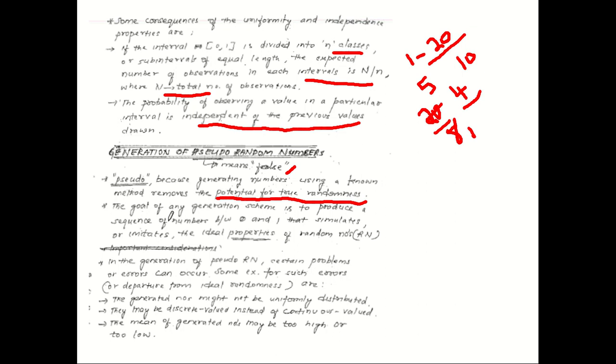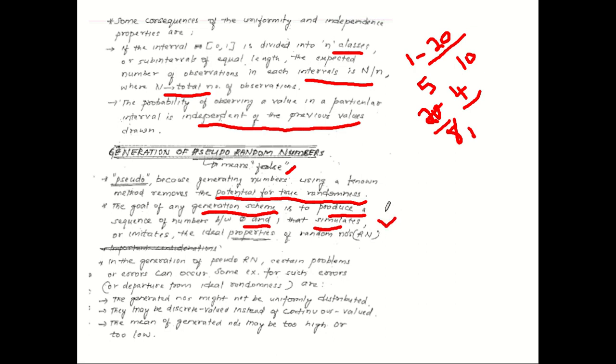So that's why the random numbers generated by a known technique are called pseudo random numbers. But our goal is to have a random generator scheme to produce a sequence of random numbers between 0 and 1 that simulates or imitates the ideal properties of the random number.